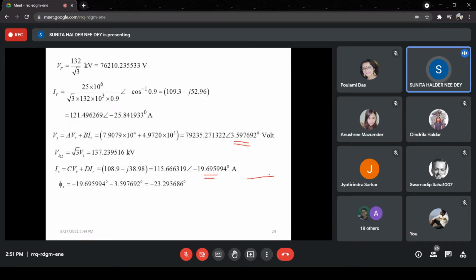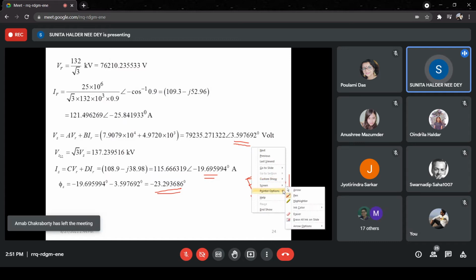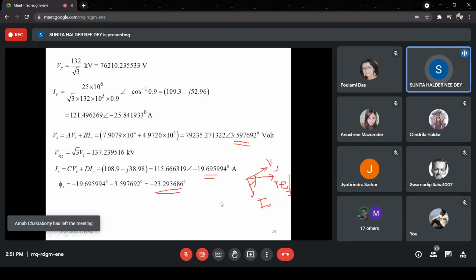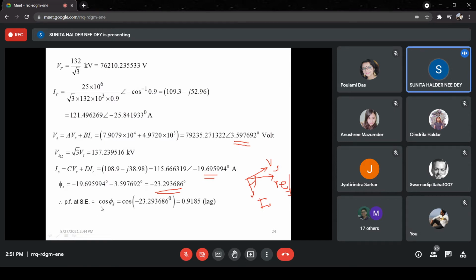So actually this is the reference, then Vs is somewhere here, Is is somewhere here. Is is lagging behind Vs, and we can calculate the angle. In this way, you must think at once when you are calculating the power factor angle, right? So we can calculate the power factor as cos of this, and since it is negative, it is lagging.